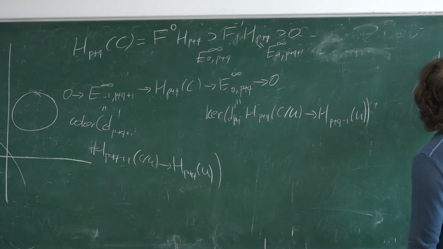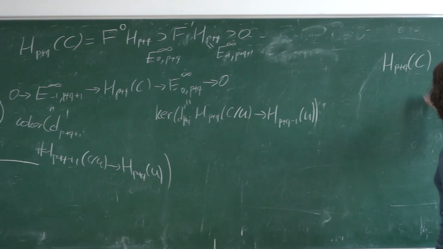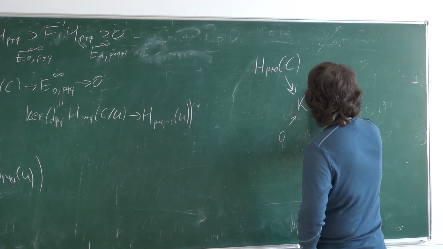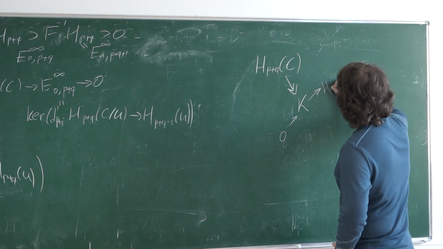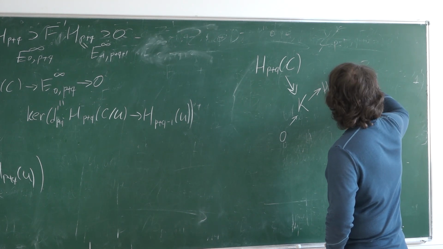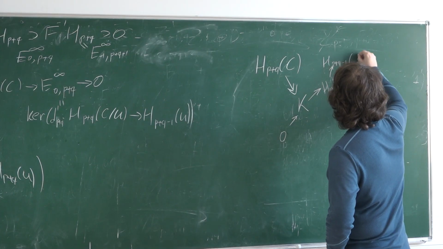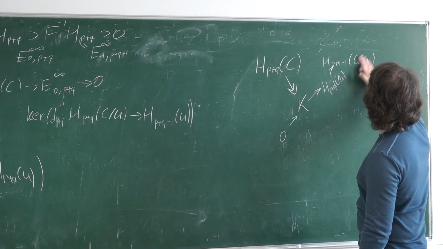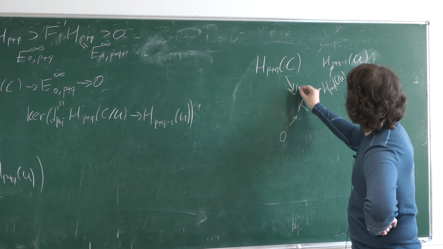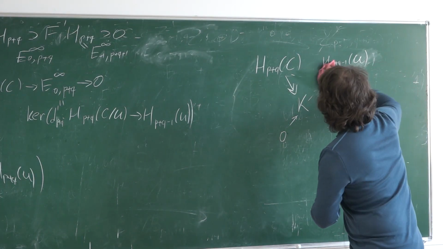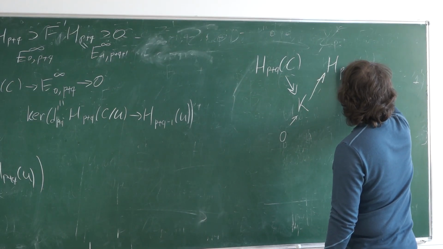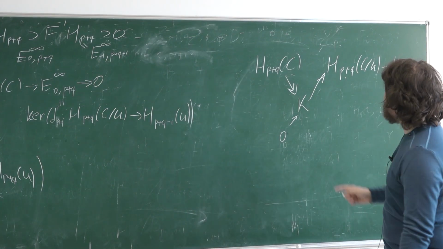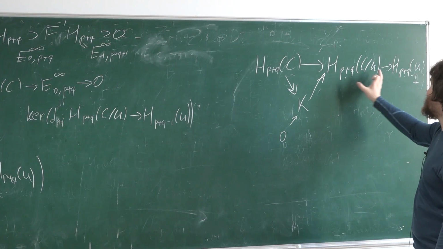So we have H_{P+Q} of C. It surjects onto the kernel of the map from H_{P+Q} of C modulo U to H_{P+Q-1} of U. Surjection onto the kernel means that this sequence is exact in this place.